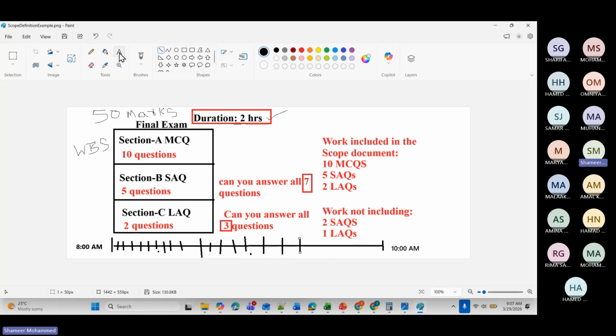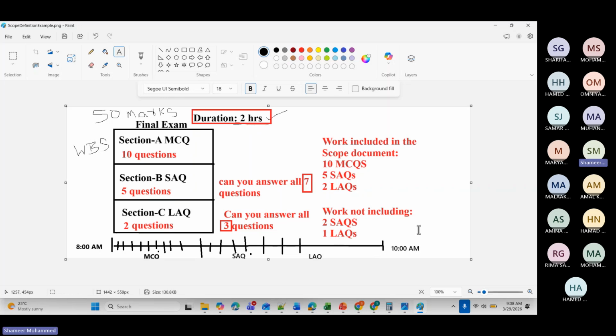This is your multiple choice, this is your MCQ, this is your short answer question, and this is your long answer question.